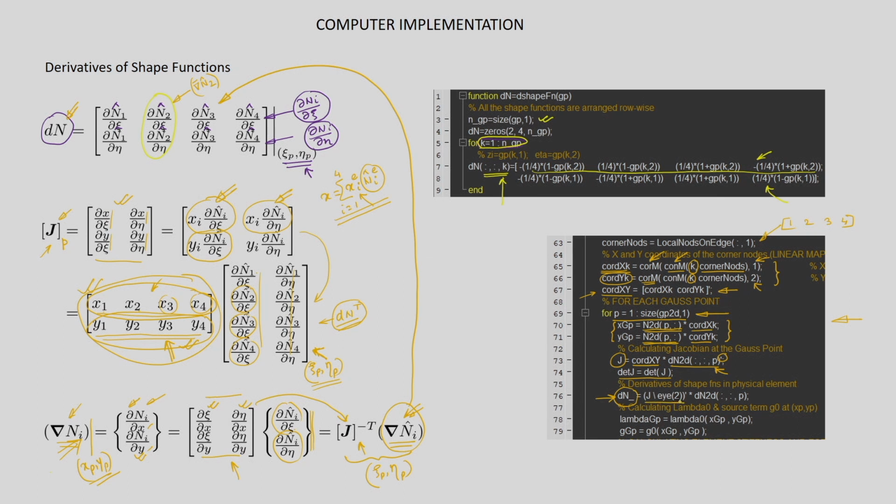So, this is inverting the J, and then we multiply with the corresponding gradient in the master element, that we have already calculated at the pth Gauss point.